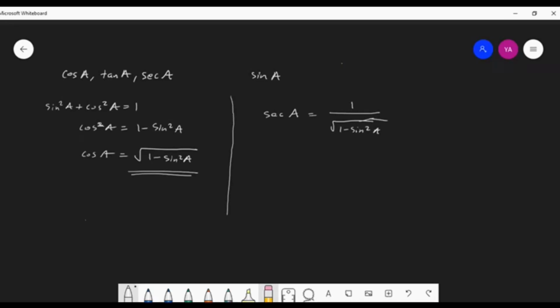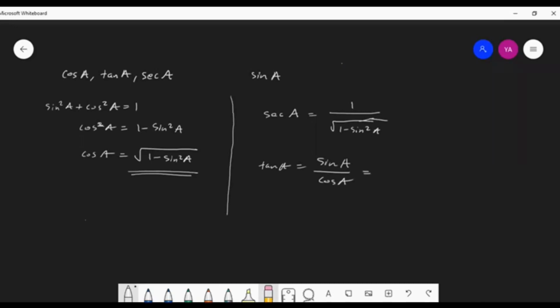Okay, so next we want to get tan A. Which identity can you use here? Sin by cos. So tan A is equal to sin A by cos A. What is sin A?